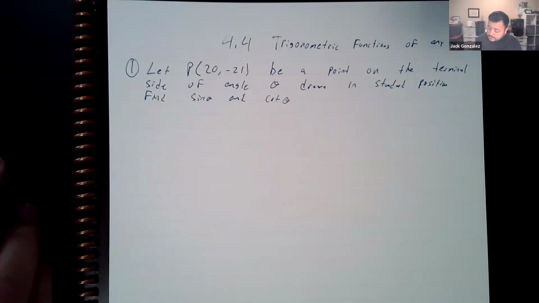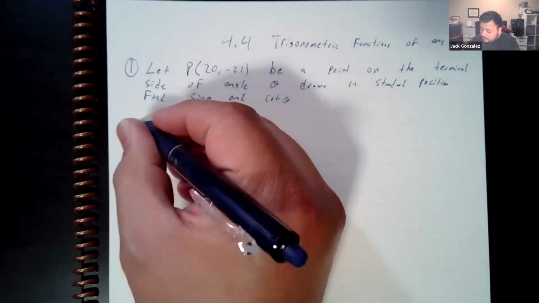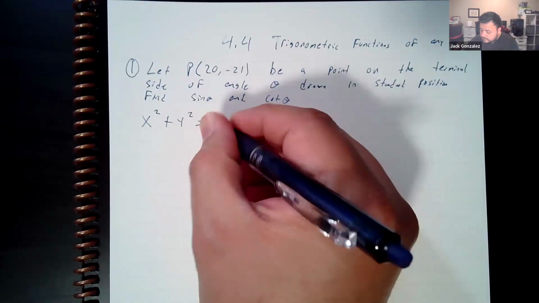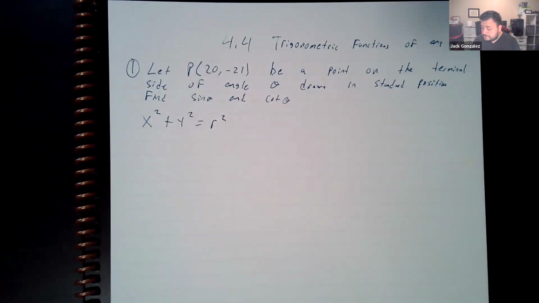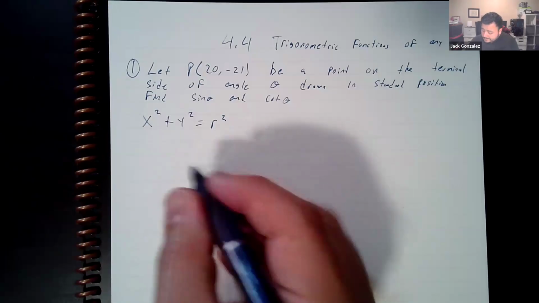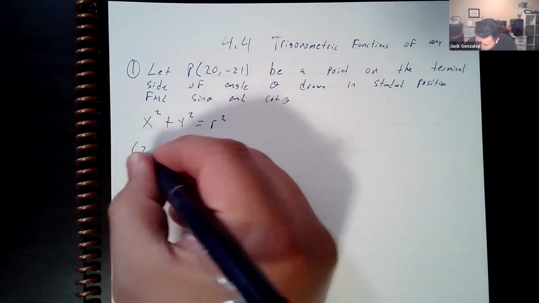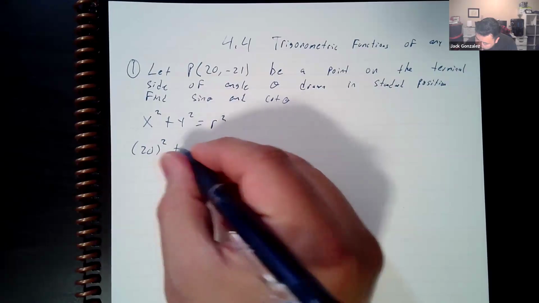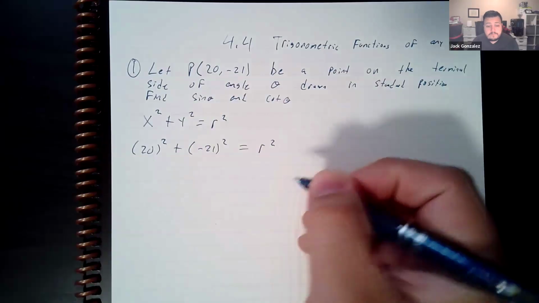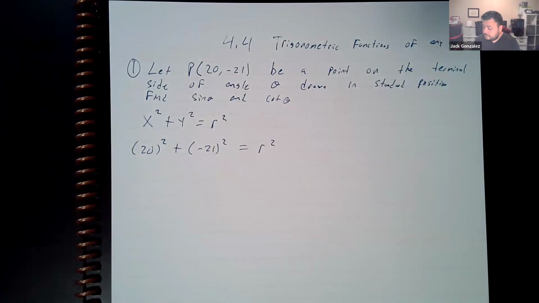Okay. So we have to remember that x squared plus y squared is equal to r squared for a general circle. So if it's centered at the origin but doesn't have a unit 1 radius, then we have to find r. So plug in your x, plug in your y, find your r. So what is that going to be?